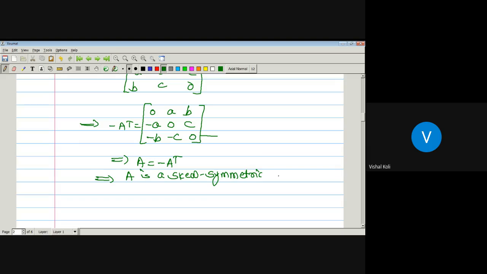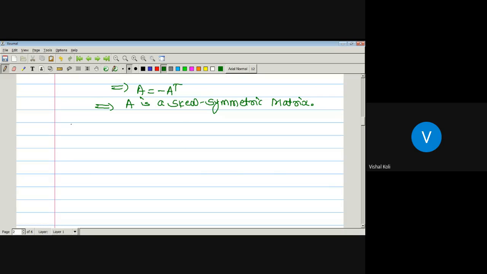Now let us take the second example. B is a matrix. Now tell me whether matrix B is a skew symmetric matrix or not. Yes, since it holds the condition of a skew symmetric matrix.